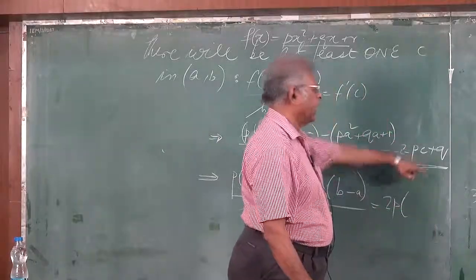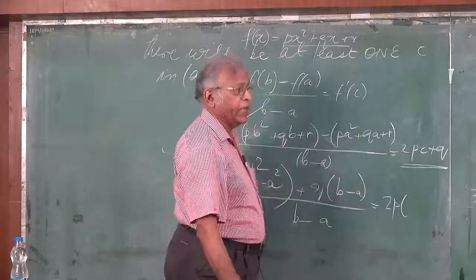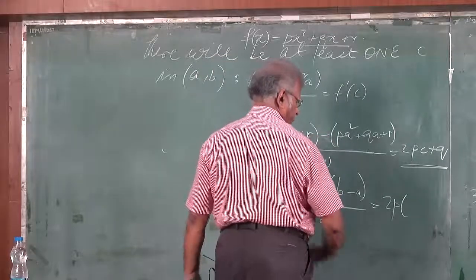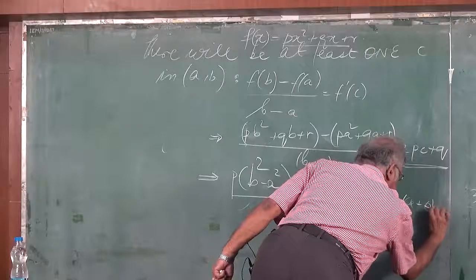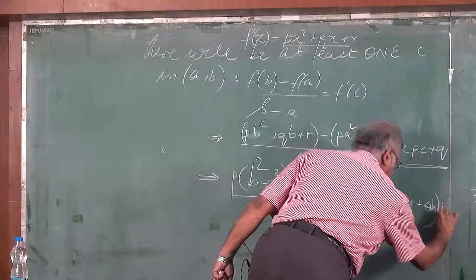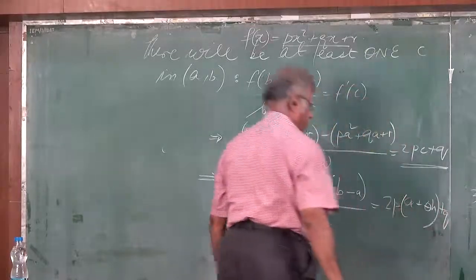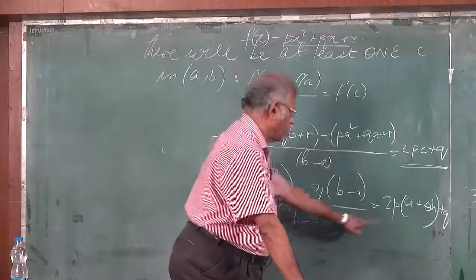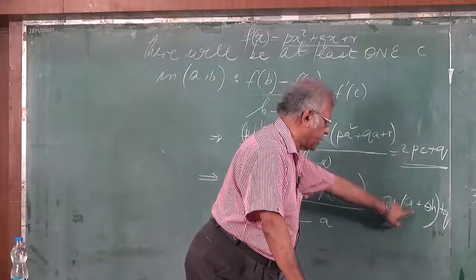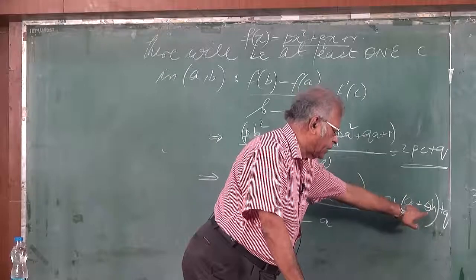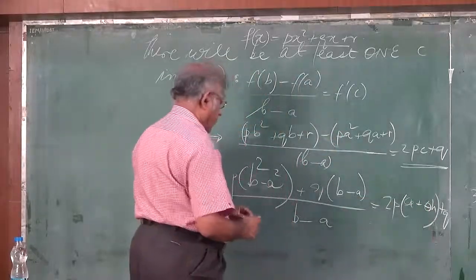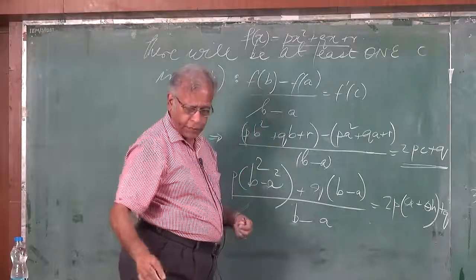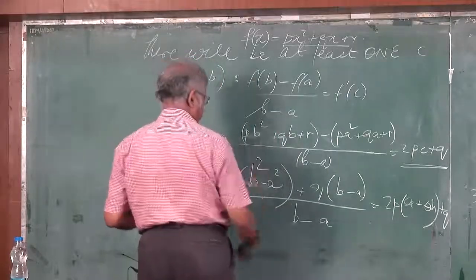We know that c can be written as a plus theta h, where h is b minus a. 2p into a plus theta h plus q. This is 2p, c is a plus theta h, theta lies between 0 and 1, plus this q. Now, we will rub out a little bit of space from the top and carry on working.